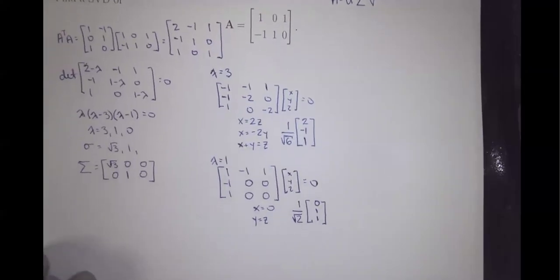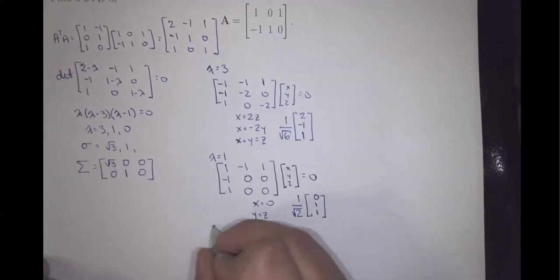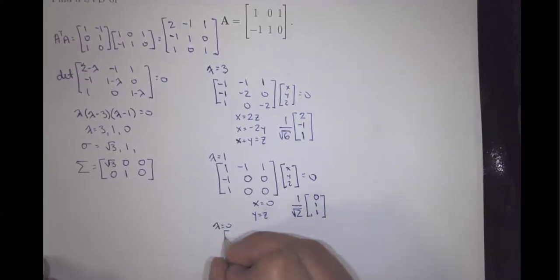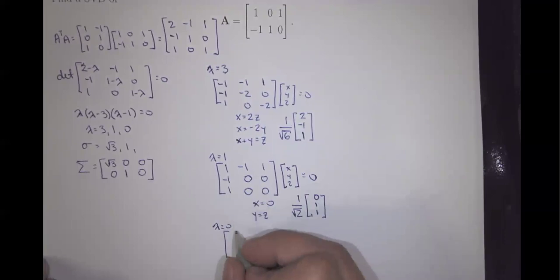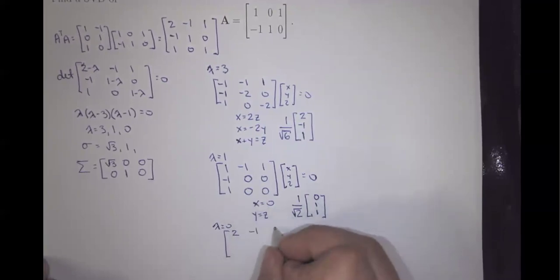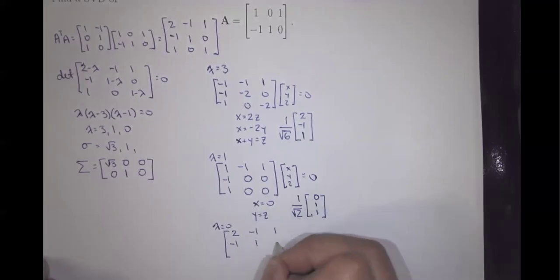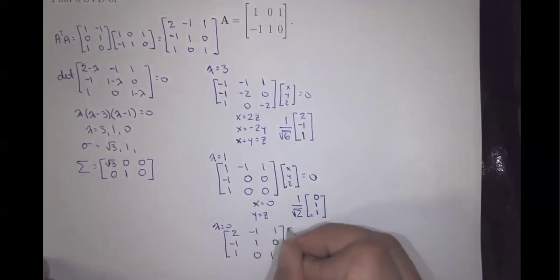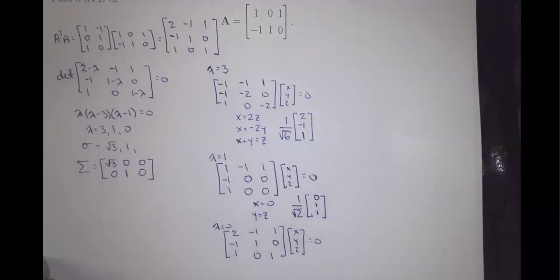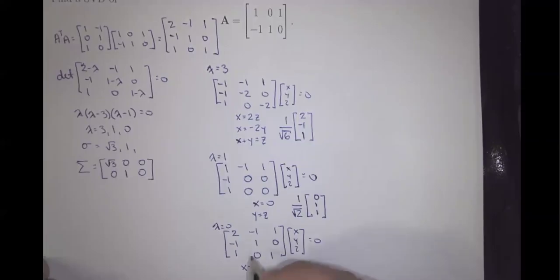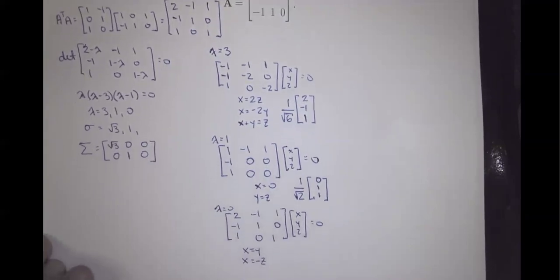Our third eigenvector, lambda equals 0, gives us a matrix 2, negative 1, 1; negative 1, 1, 0; 1, 0, 1. And so from line 2, we know that x is equal to y. We know that x is equal to negative z from the third line.